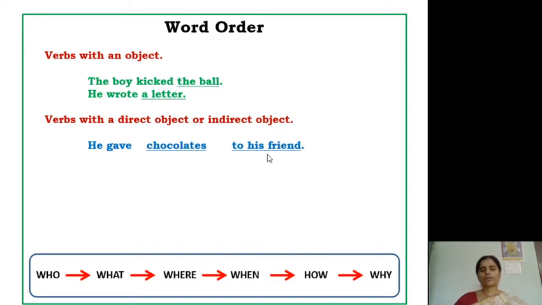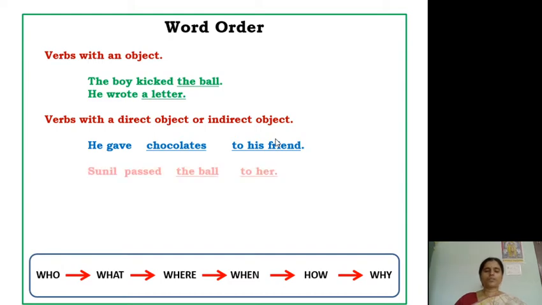Chocolates. He gave what to whom? His friends. This is also an object. So chocolates is a direct object and to his friends, his friends is an indirect object. So immediately after the verb, we have to place the direct object and then the indirect object.